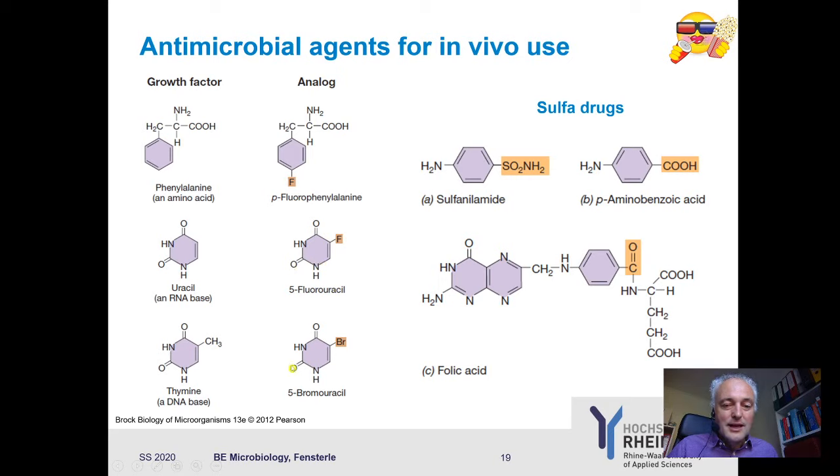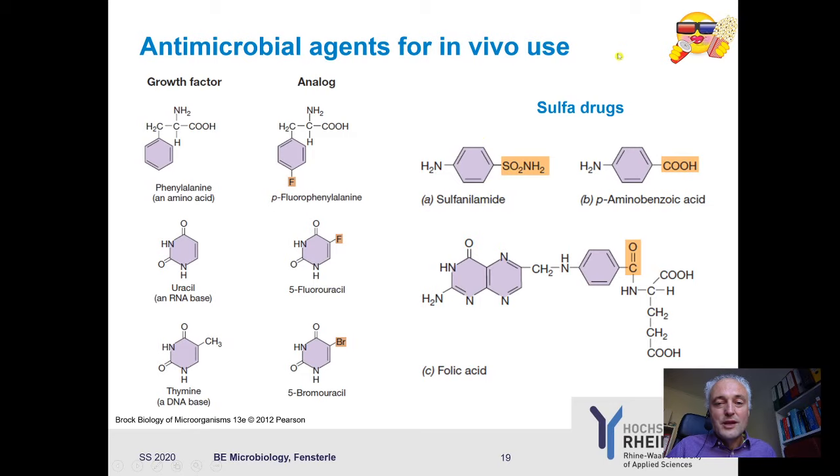This will put mutations in your DNA. Of course, you have to use analogs which are recognized by the bacterial enzymes and not by the human enzymes. Not all of them, by the way, some of them are also recognized by the human enzymes, and then of course you have quite severe side effects.